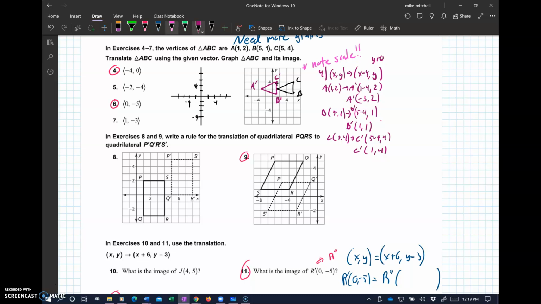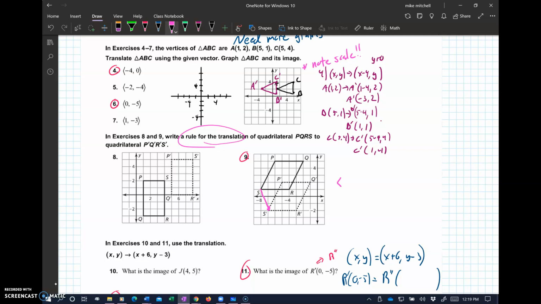So we're really just going from S to S prime. Now I could do P to P prime, Q to Q prime, R to R prime. All those are the same. I'm only going to look at one, and I just need to come up with a rule for my translation. So I'm thinking first here, the vector component.